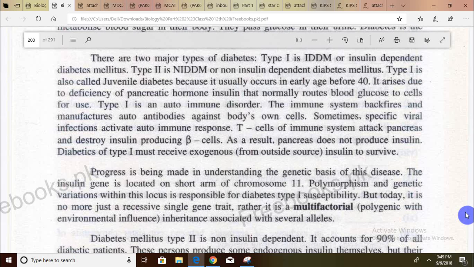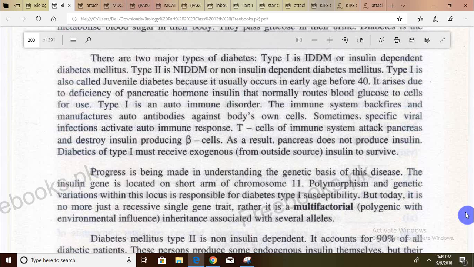And polymorphism and genetic variations within this locus is responsible for diabetes type 1 susceptibility. Polymorphism, the gene can exist in different forms, but today it is no more than just a recessive single gene trait. It is a multifactorial inheritance associated with several alleles.